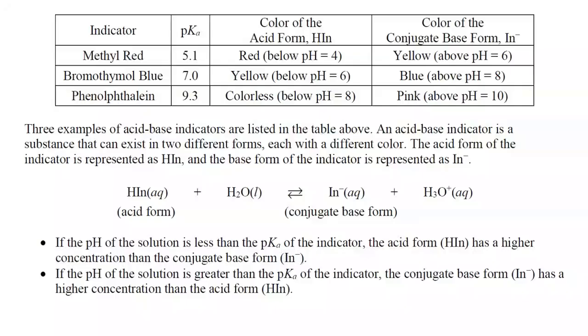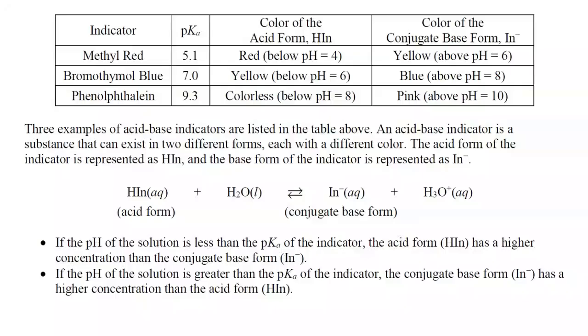The acid form of the indicator is represented as HIN, where the letter H represents the hydrogen atom that is lost as H+, and then IN simply refers to the rest of the chemical formula or the rest of the molecule.